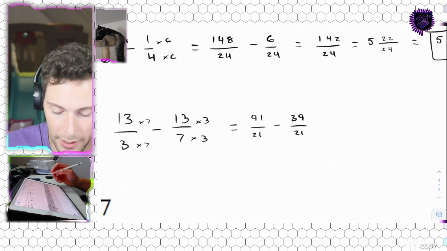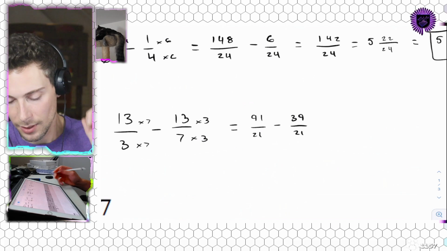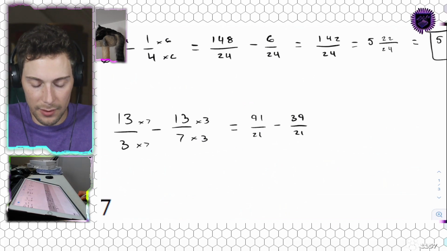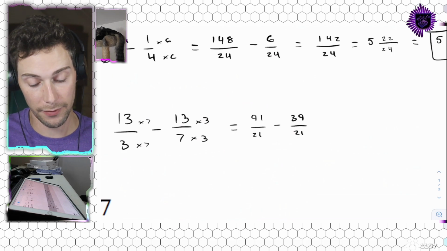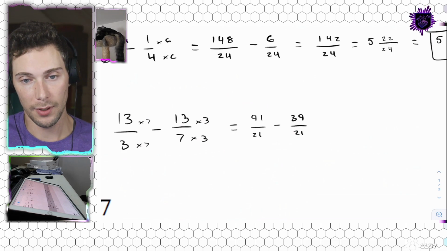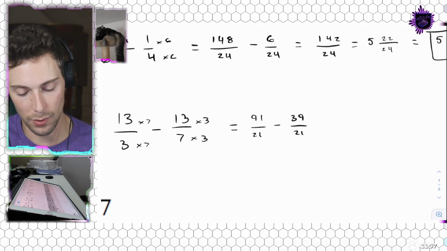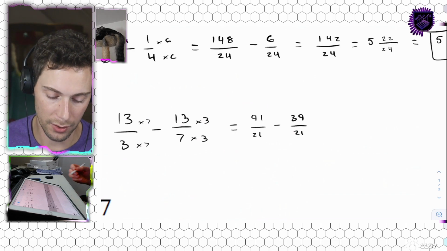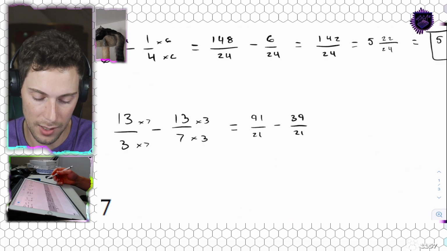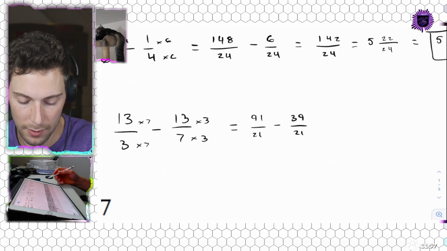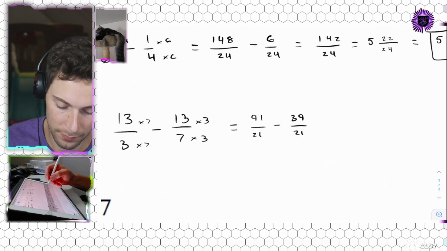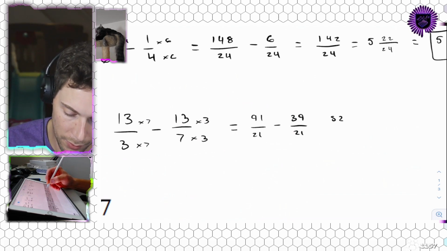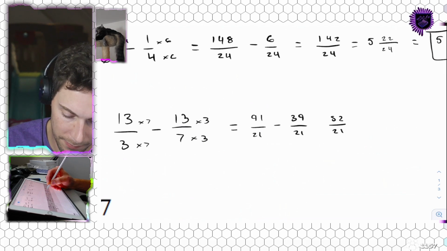So let's do that. 91 minus 39. All right, so let's say 91 minus 40, and then add one more to it. So 91 minus 40 is going to be 51. Plus 1, 52. 52 over 21.